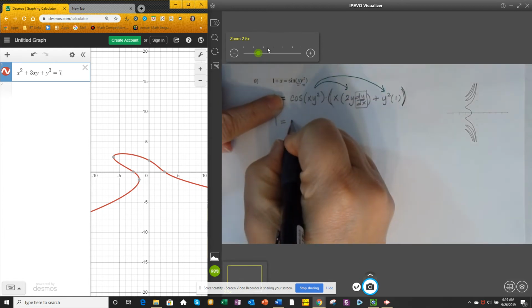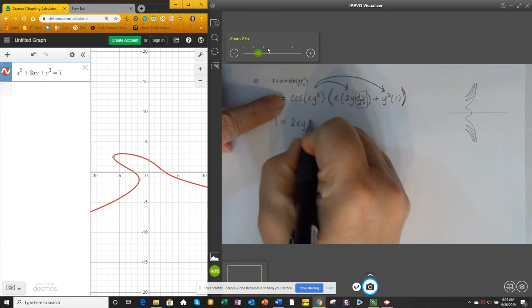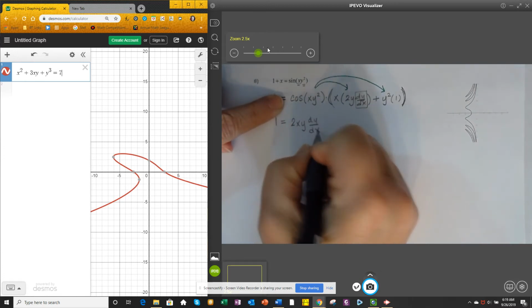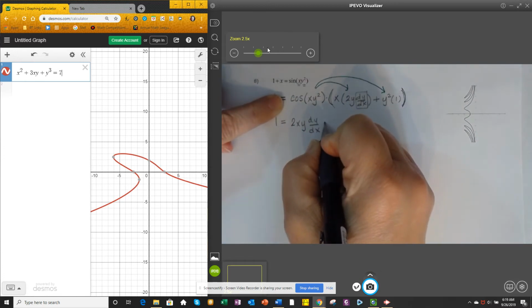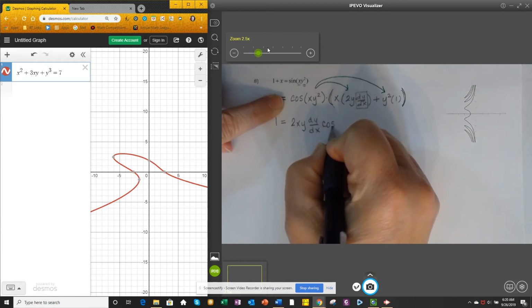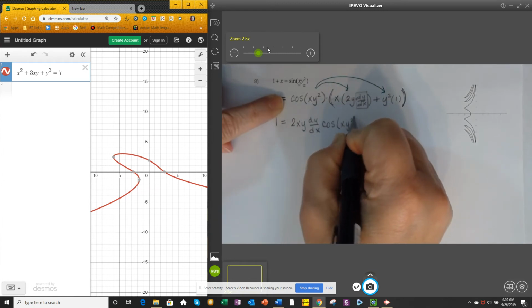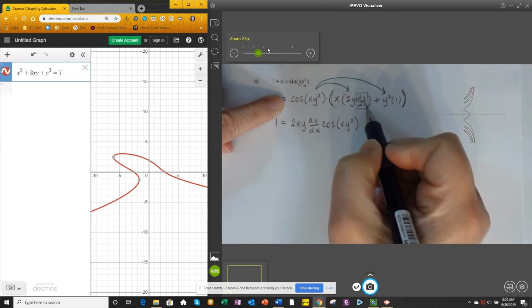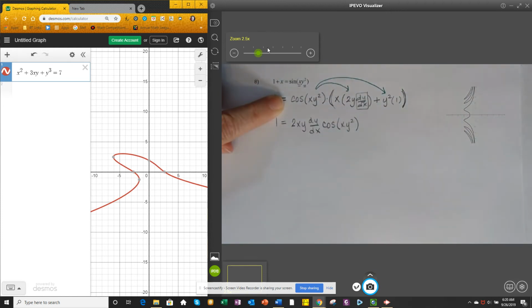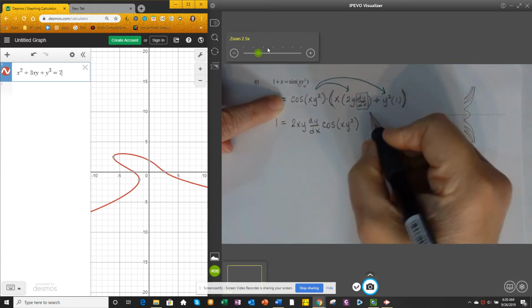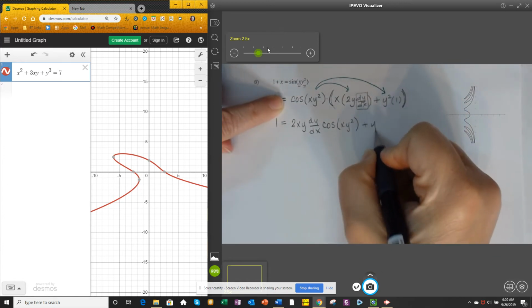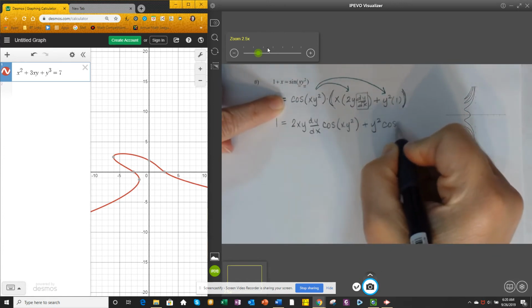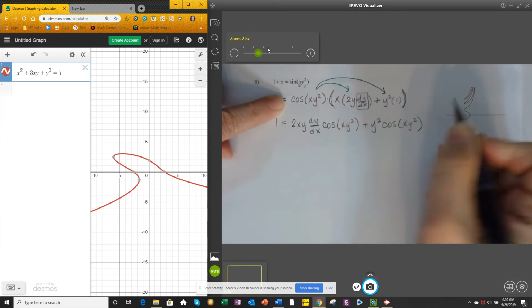So I'm going to put it in order here. 2xy dy/dx times the cosine of xy squared, right? Because I just took all of this and multiplied by cosine of xy squared. And then I'm going to put the y squared in front of cosine of xy squared.